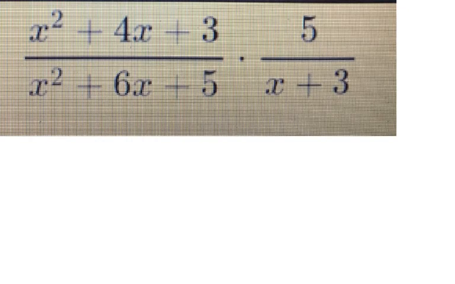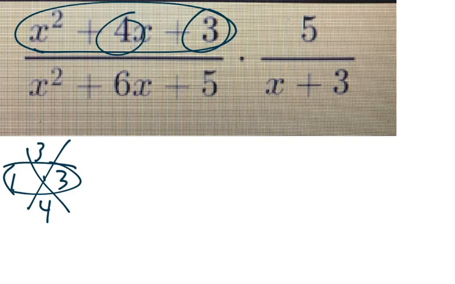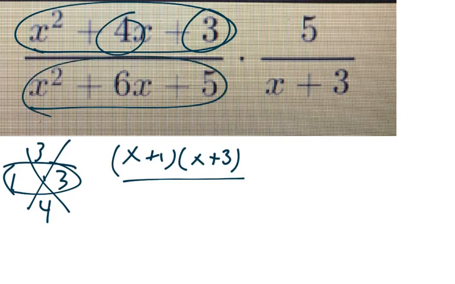Okay, guys, maybe one or two more here. This one right here, I'm going to do an X, right? I need a 3 for my product, 4 for my sum. So that's simply 1 times 3. 1 plus 3 is 4. So I have x plus 1, x plus 3 so far. Now I'm going to do an X on this as well.